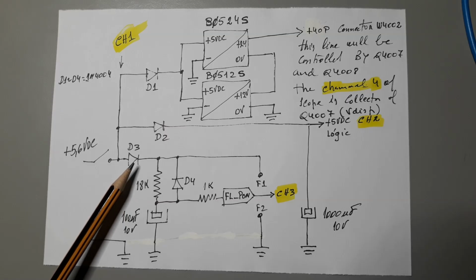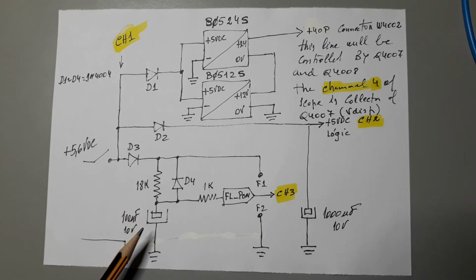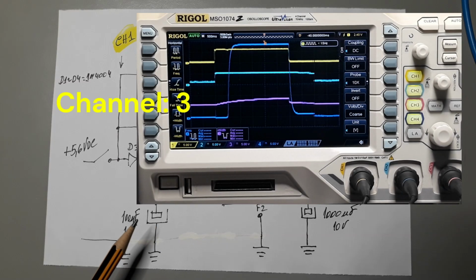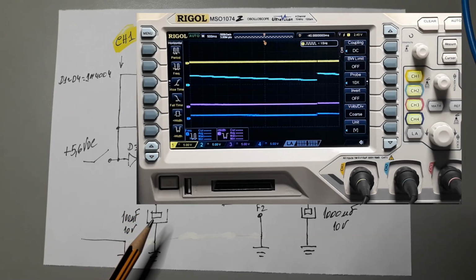After passing this diode here, the plus 5 volts go to this capacitor through the resistor of 18 kilo ohms and polarize the capacitor slowly, okay? It will take time to load the capacitor.